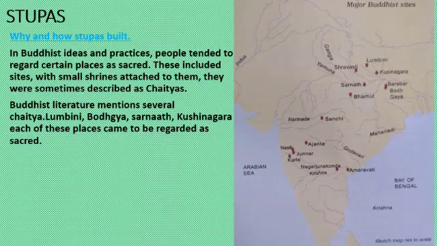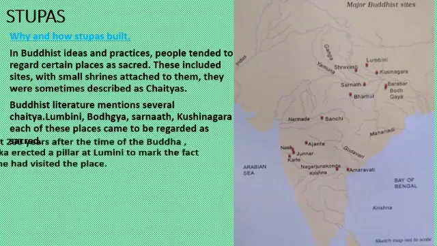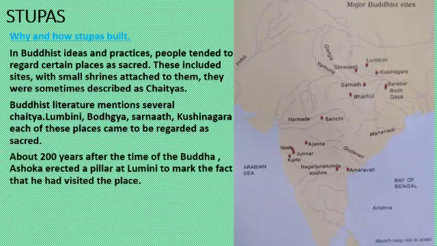Are you finding these all in the map? These places came to be regarded as sacred. About 200 years after the time of Buddha, Ashoka, the great ruler, erected a pillar at Lumbini to mark that he had visited that place.